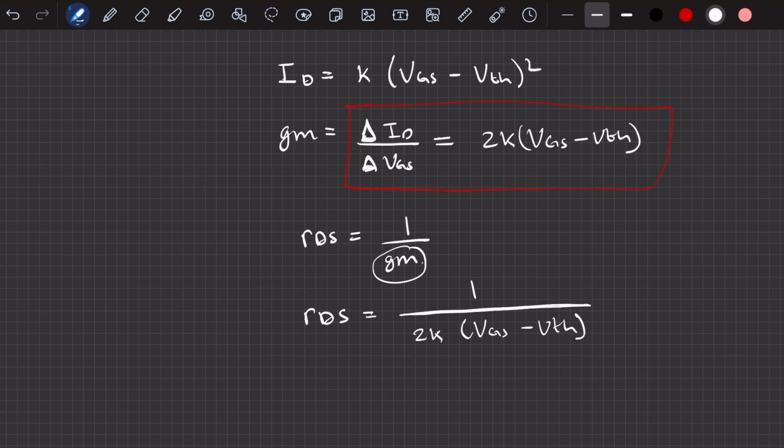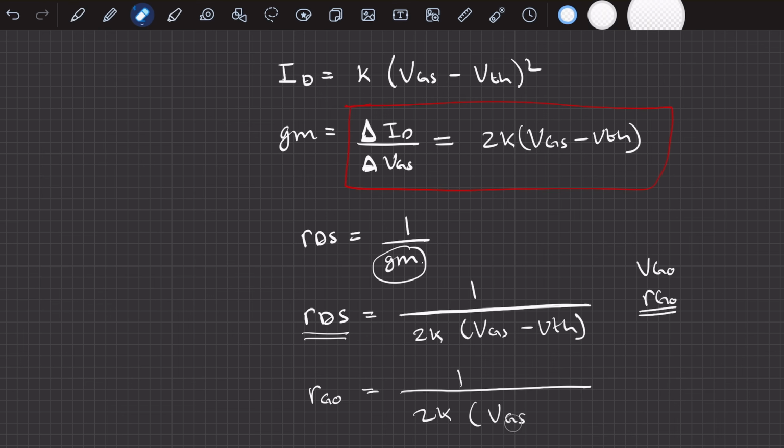Now, if you know the resistance of RDS at some reference gate voltage, let's say VG0, then we can calculate RG0, which is the RDS at the known reference voltage. We can rewrite this equation as RG0 is equal to 1 over 2K (VG0 minus VTH).